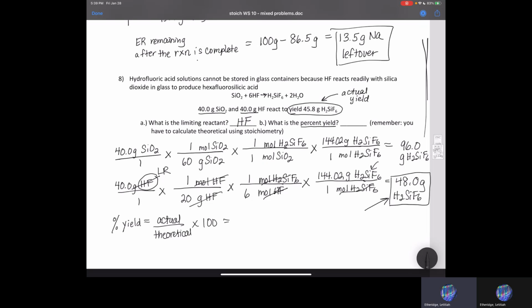What I actually make, right, they tell me up at the top that I actually make 45.8 grams of H2SiF6, but theoretically, when I calculated, it was 48 grams of H2SiF6. Okay, times 100. The number that you should get should be really close to 95%. And that is the answer to your percent yield. So hopefully that was helpful.